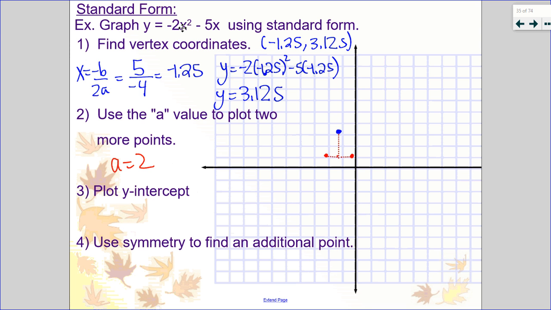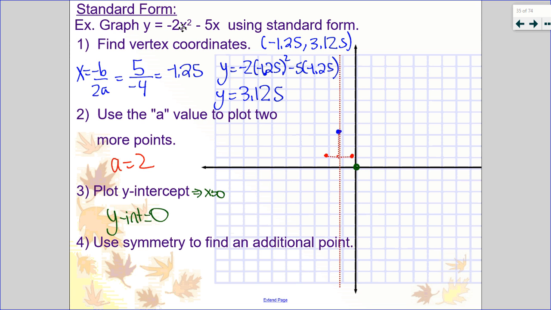All right, what's the y-intercept going to be? Yeah, because it occurs when x is 0. So that is right here. 0, 0. And then we can draw our line of symmetry. Okay.